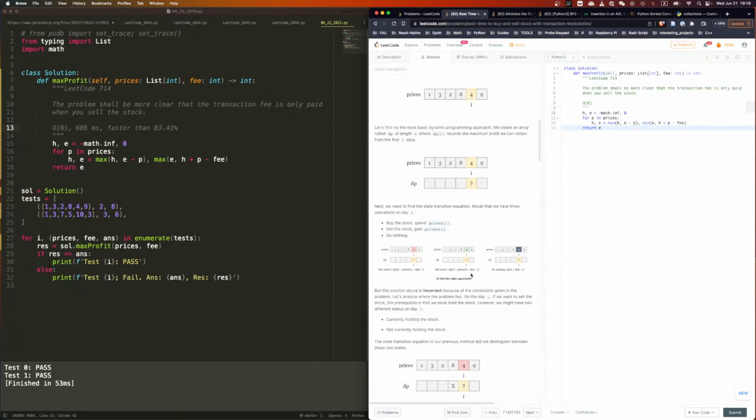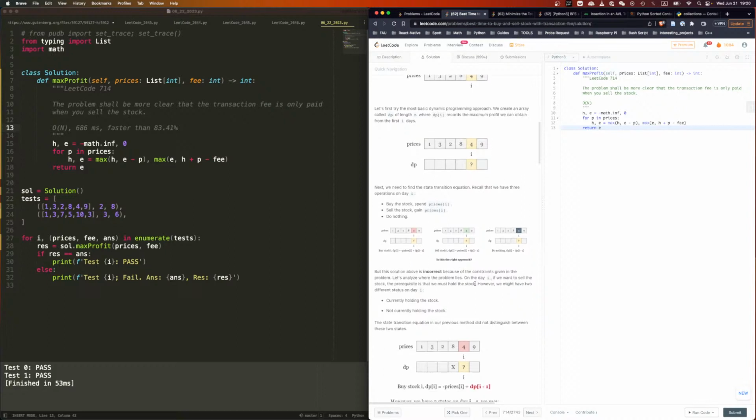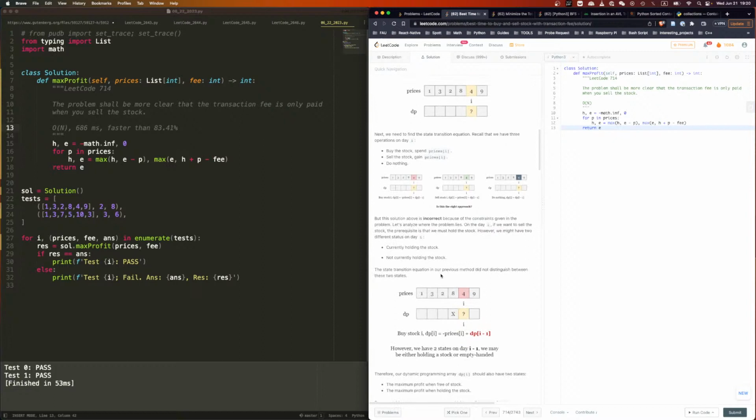You sell the stock and you do nothing. On day i, if we want to sell the stock, the prerequisite is that we must hold the stock. Two different statuses on day i: currently holding the stock, not currently holding the stock. Did not distinguish between them, that's correct.